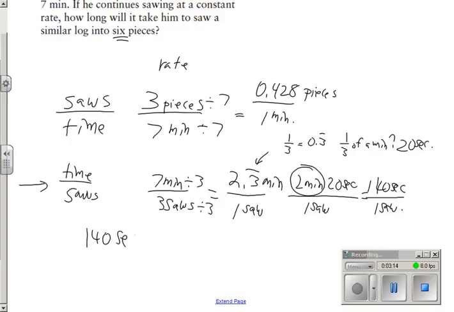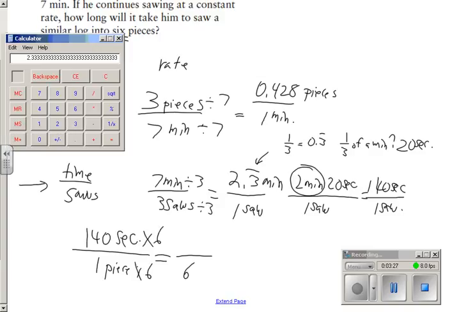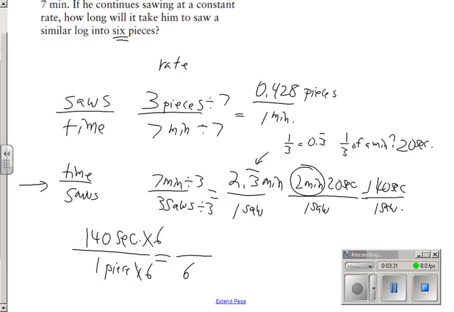So 140 seconds per 1 piece, or 1 saw, is going to equal how many for 6? Well, I'm going to multiply this by 6 and multiply this by 6. 140 times 6 equals 840 seconds.